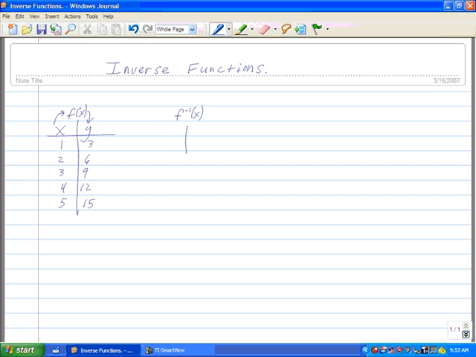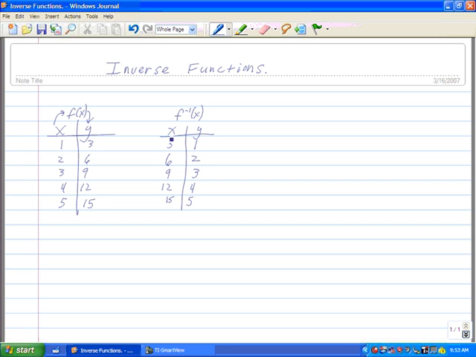With an inverse function, the way its x's and y's would work is that its first x would be 3, its first y would be 1, its next x would be 6, its next y would be 2, followed by 9 and 3, 12 and 4, and 15 and 5.